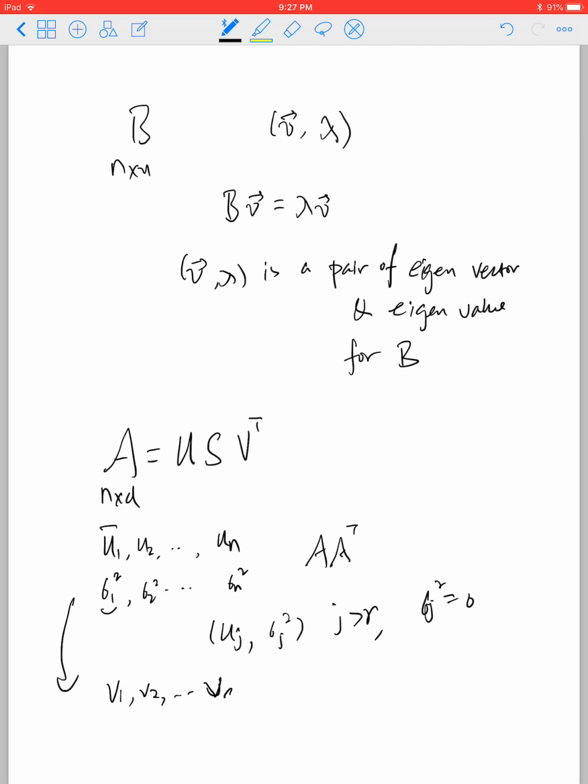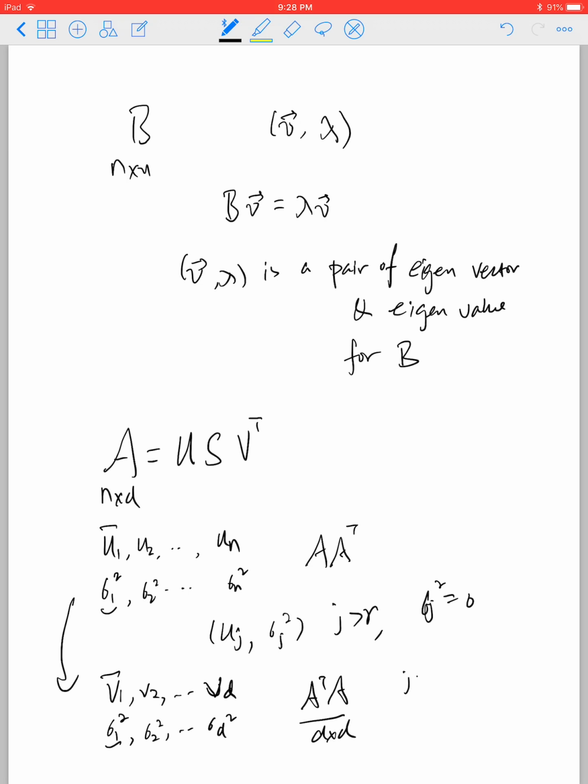U1, U2 until Un, and the corresponding squares of the singular values, which are sigma 1 square, sigma 2 square until sigma n square, each pair of the left singular vector and square of the singular value forms a pair of eigenvector and eigenvalue for A A transpose.